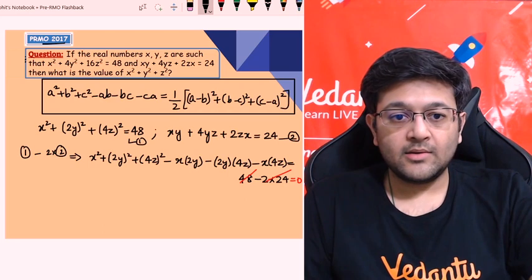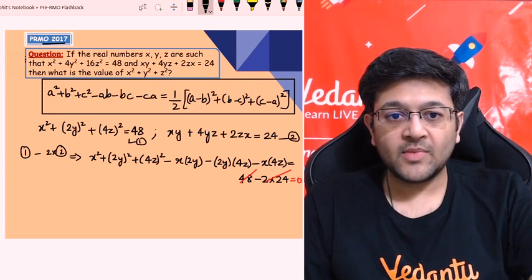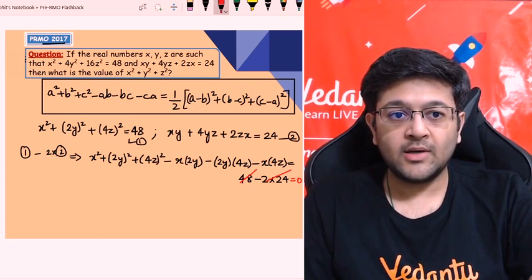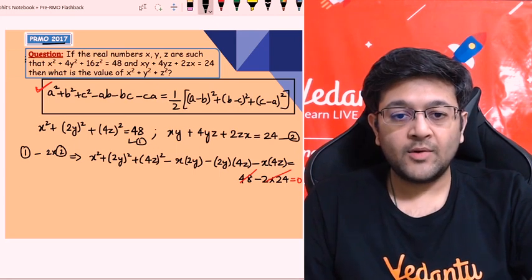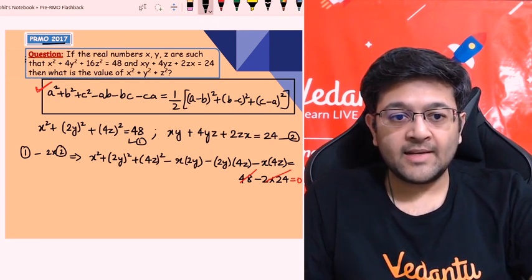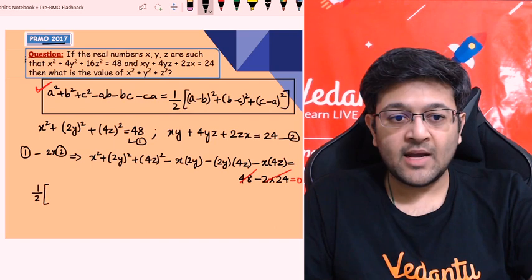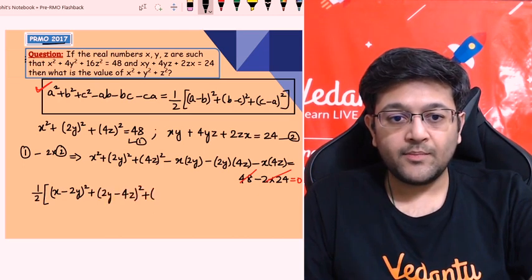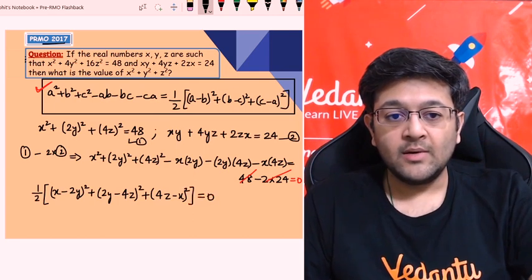So now you can check this expression carefully. It is just the application of this identity. Applying that, this expression can be written as half times x minus 2y whole square plus 2y minus 4z whole square plus 4z minus x whole square equal to 0.